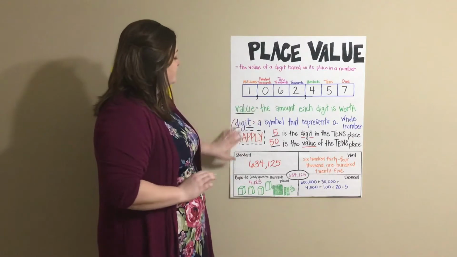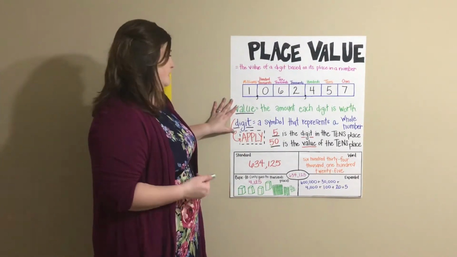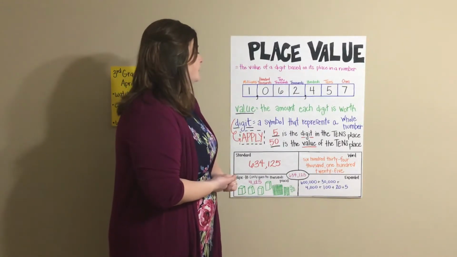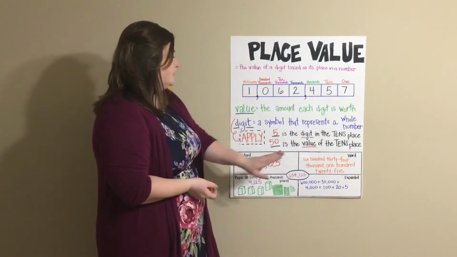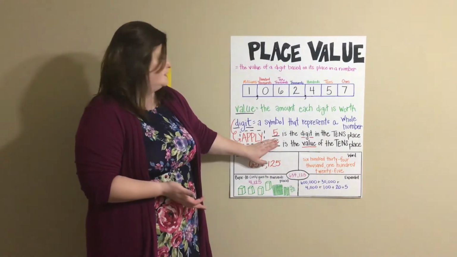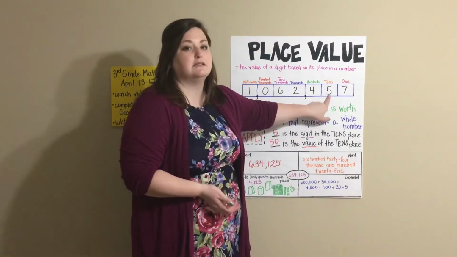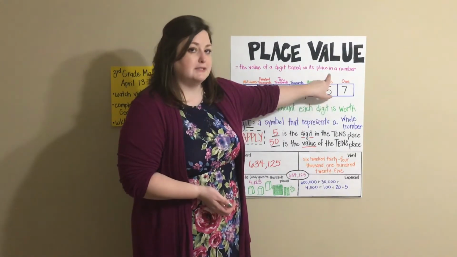So if we were to apply those 2 definitions, if I wanted you to find one of those things, I might say to tell me about the number that's in the tens place, okay? And I want to know what digit that is, and you would tell me 5. But if I ask you what the value of that 5 in the tens place is, well, that's 5 tens.